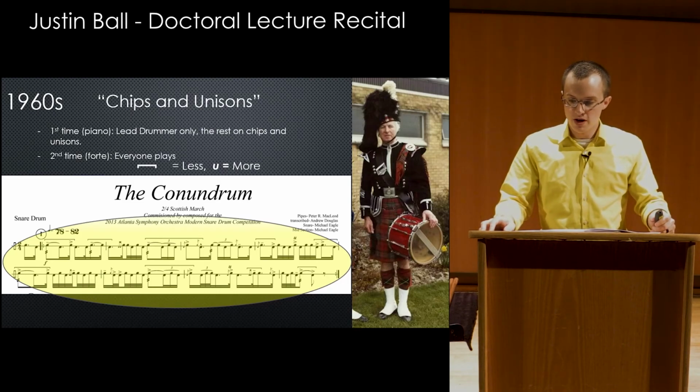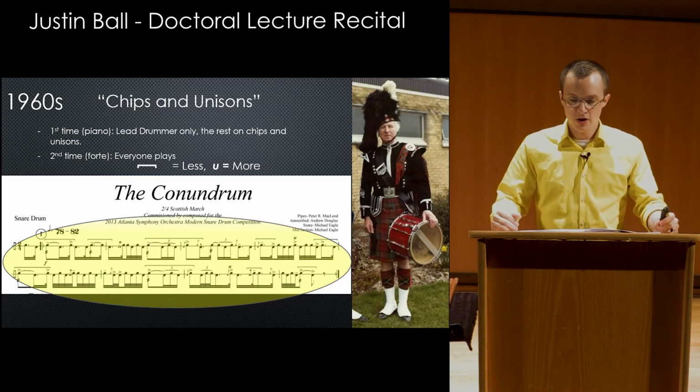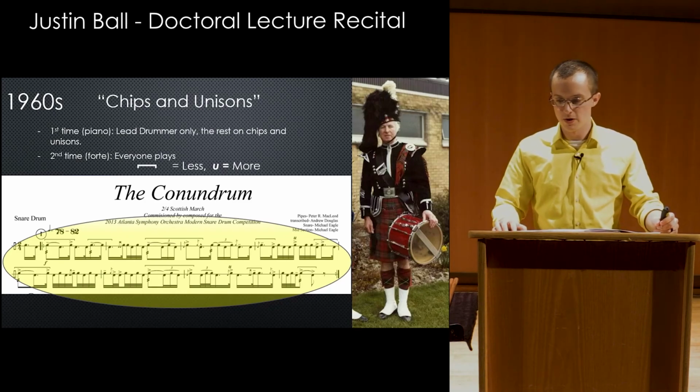Layered dynamics created the contrast needed to cancel out the lack thereof in the bagpipes, as bagpipes have no way of controlling volume. This allowed the snare drums to emphasize particular subphrases, creating a layered musical approach both rhythmically and dynamically.